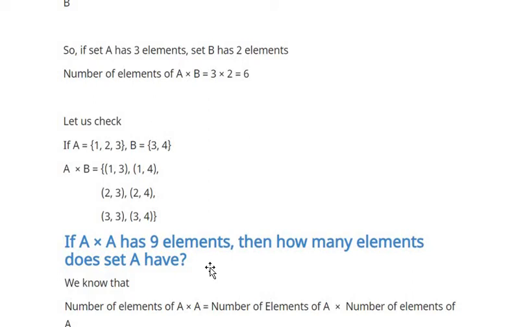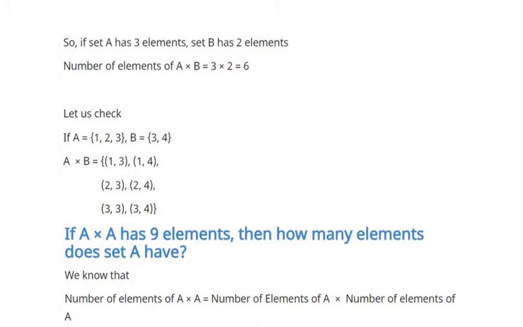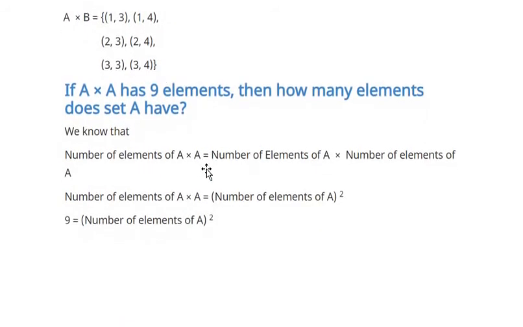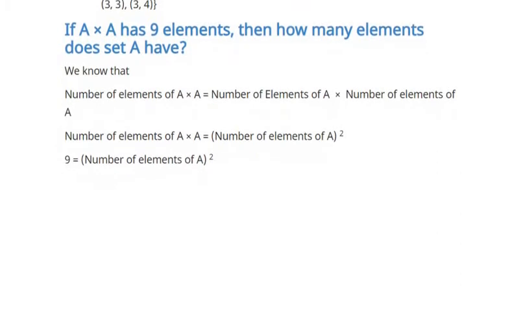So if we consider that the number of elements in set A is x, we get x squared equals 9 and therefore x is equal to 3. So A will have a total of 3 elements.